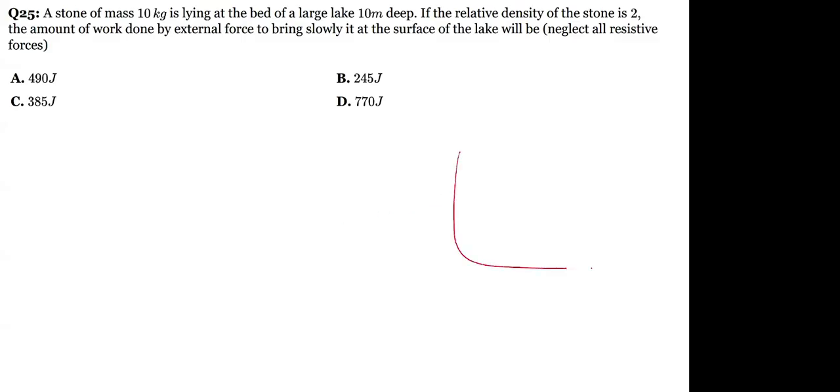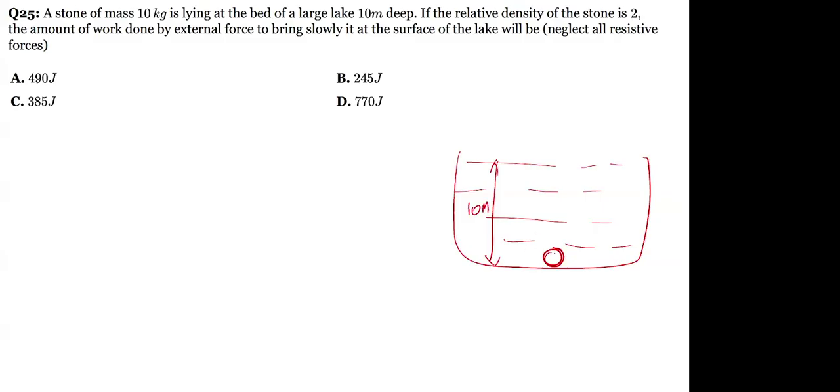So let's say this is the lake that we are having, and here is the stone that we have put. The depth of the lake is 10 meter from the surface.